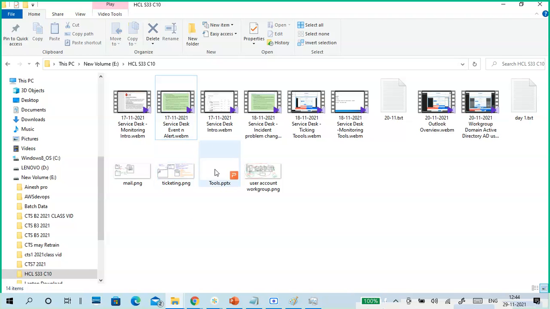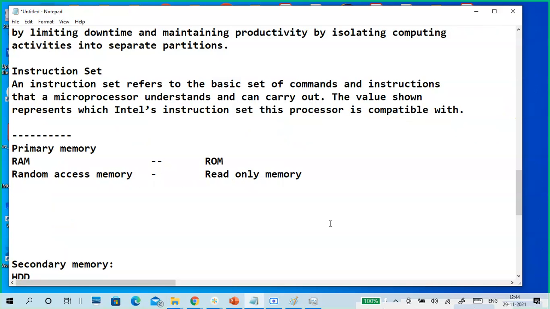I want to open this file, so I need not open the first, second, third. I can open directly what I want to open. I can randomly select something and open it, or transfer the data, delete the data also. So I'm accessing the memory randomly. That is called random access memory.